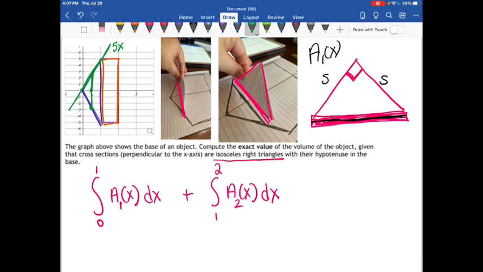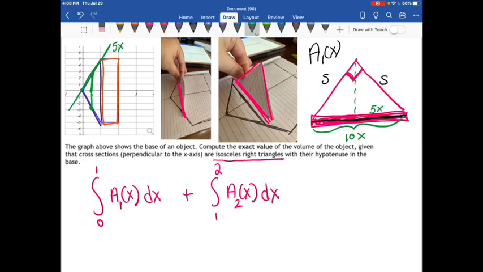So whatever value x is, I come out to that value, I multiply it by 5 and go up, and then that gives me the length from the x-axis up, and then I double that to get the lower part. So the whole base is going to be 10x. Half the base will be 5x.